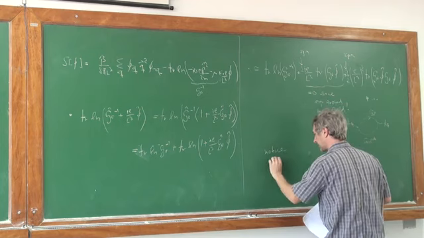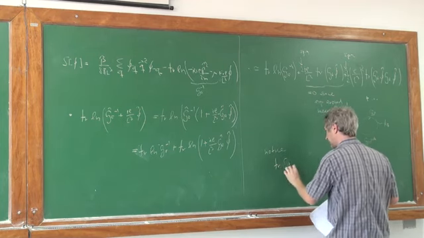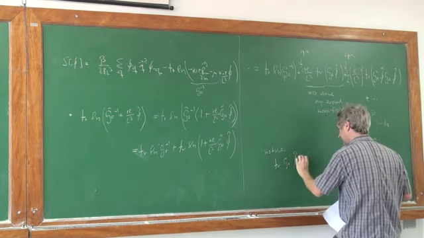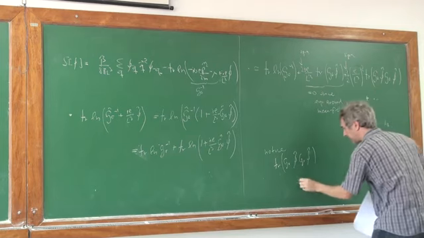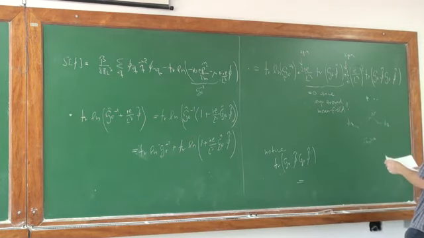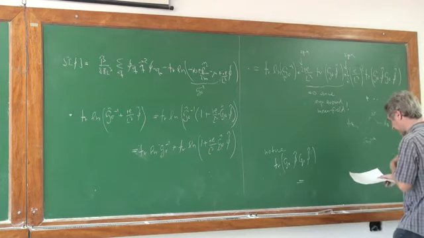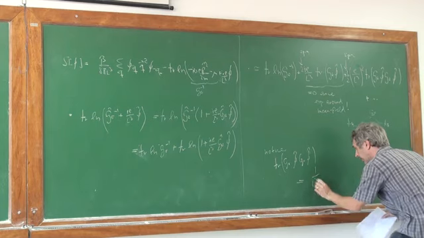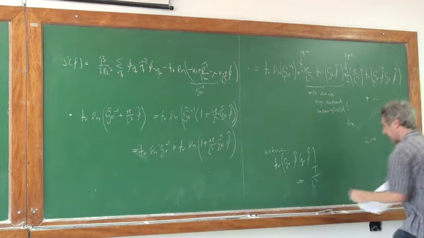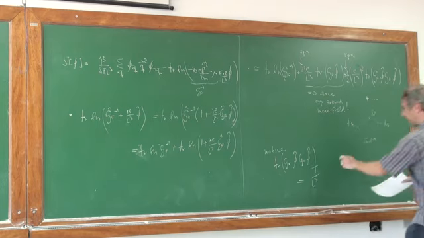Notice trace G0 phi, G0 phi. If you change to momentum space, well, there are some factors due to the Fourier transform.